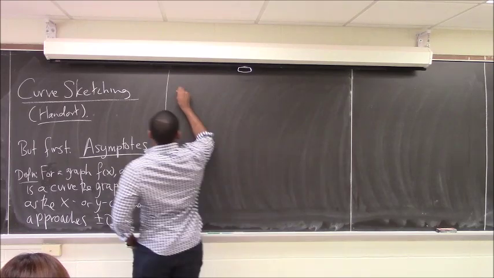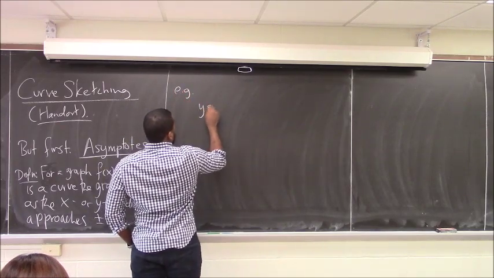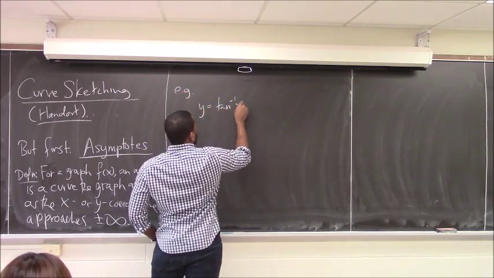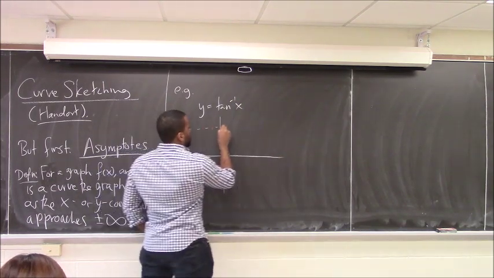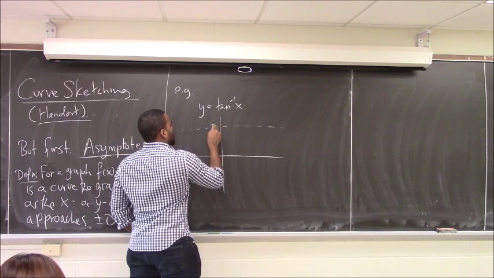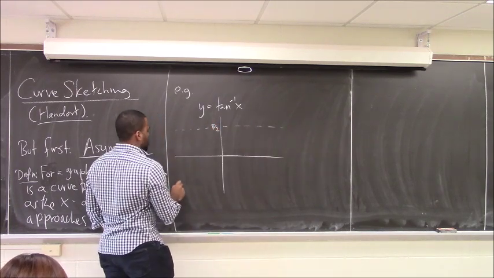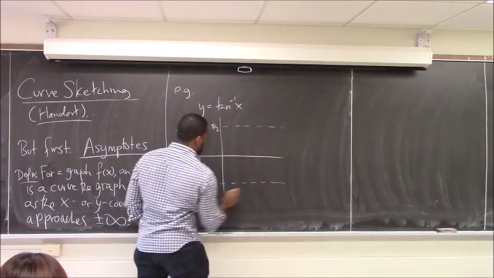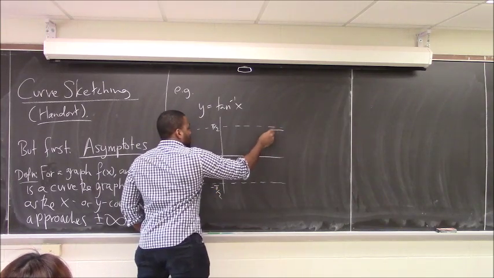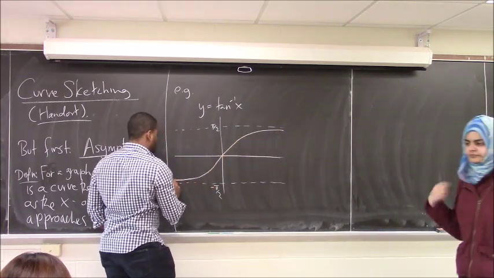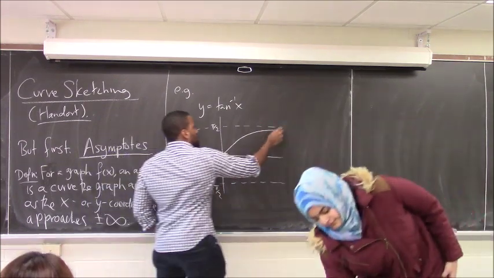For example, some common examples, you look at the tan inverse function. Asymptotes would be the horizontal line y equals pi over 2, as well as the horizontal line y equals minus pi over 2. So we know our graph behaves like that.